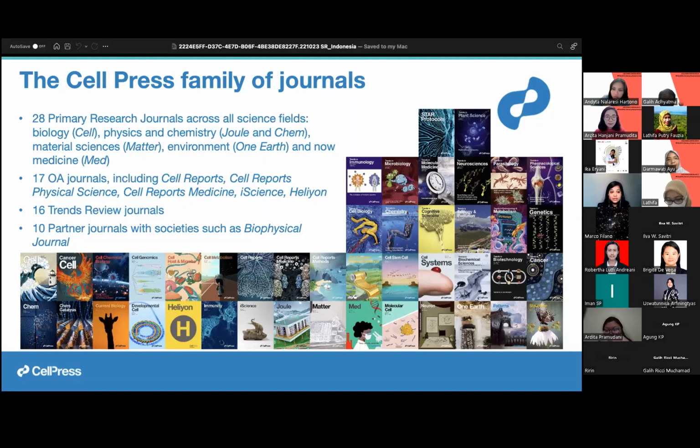We also have 17 open access journals in this portfolio. So they're all listed here. We have 16 Trends journals, which publish reviews. So they don't publish primary research content, but just review articles. And we also have 10 partner journals where we partnered with scientific societies, such as the Society for Biophysics, and we publish Biophysical Journal and so on. Next slide, please.